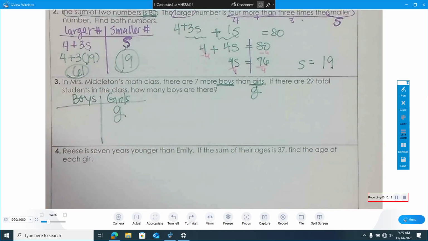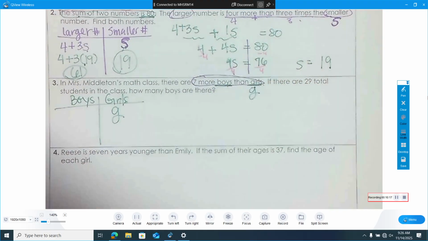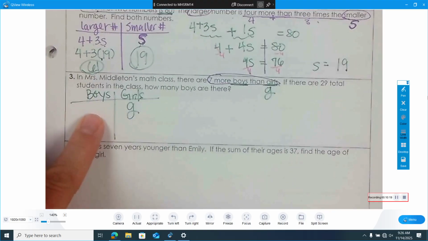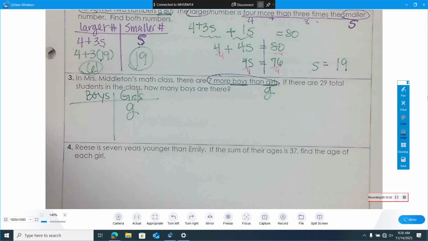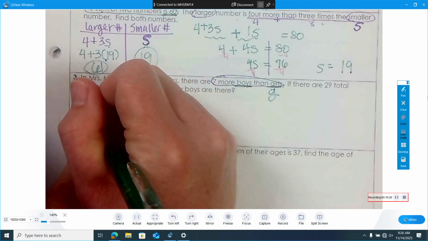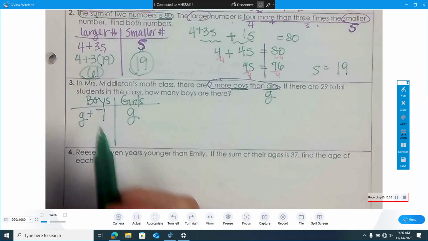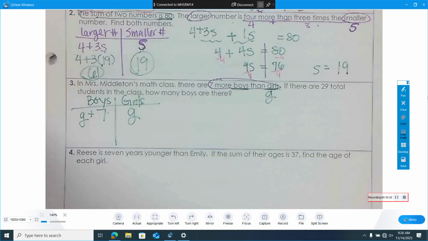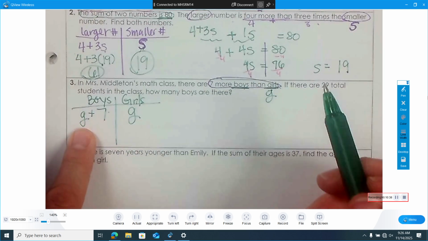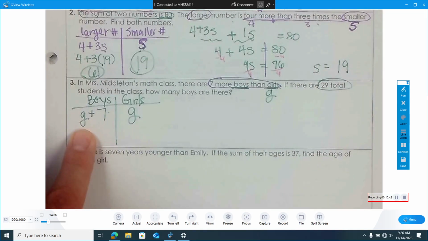Now, it says there are 7 more boys than girls. So if I know the number of girls, or if girls is G, what do I have to do to figure out the number of boys? G plus 7. I got to have 7 more of them. The boys have 7 more than the girls, so that's just adding 7 to the number of girls. Okay? Now, it says there are 29 total students.